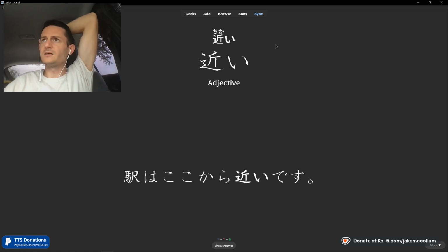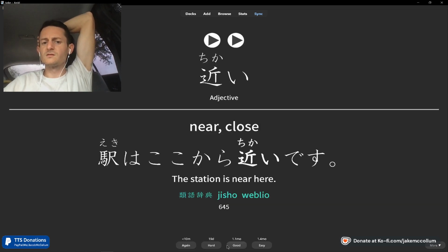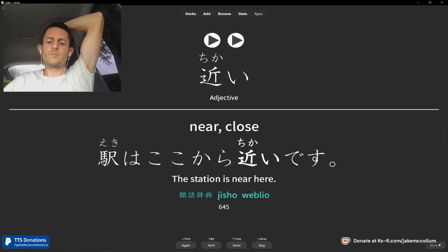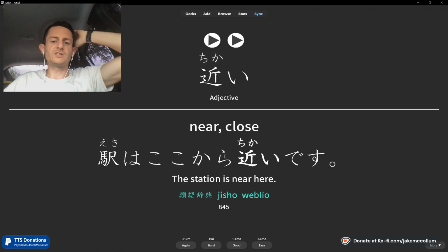Chikai. Chikai? Small? 近い。 No. 駅はここから近いです。 Chikai is near or close? I thought that was a different word. Chikai. I don't remember... Hold on.